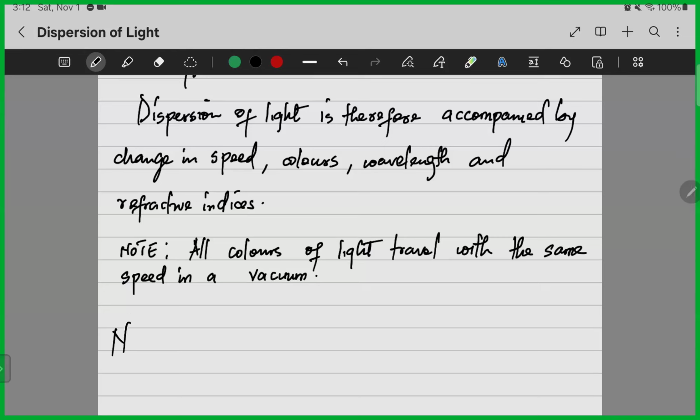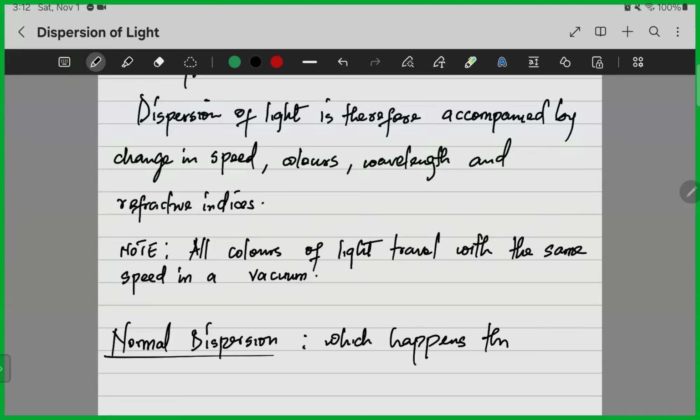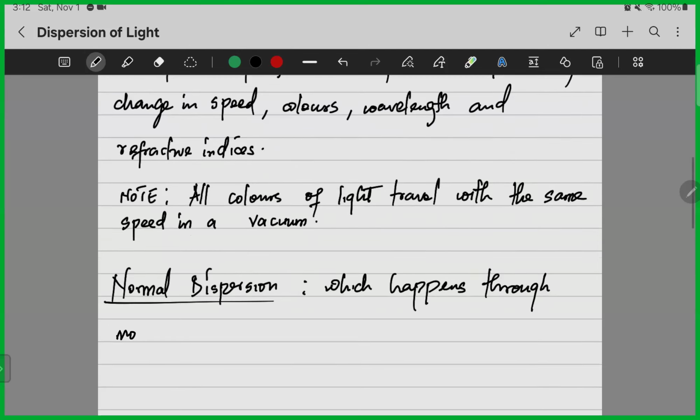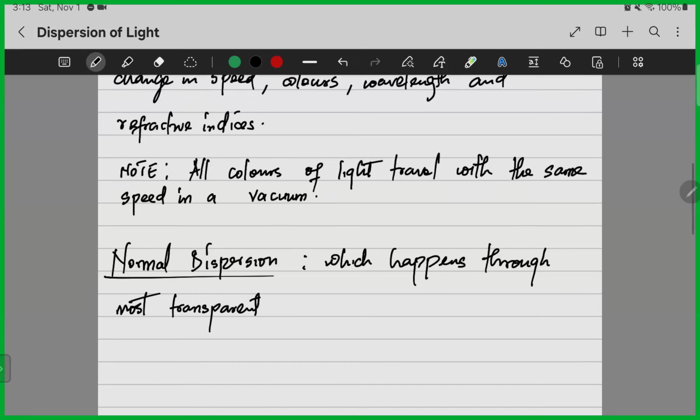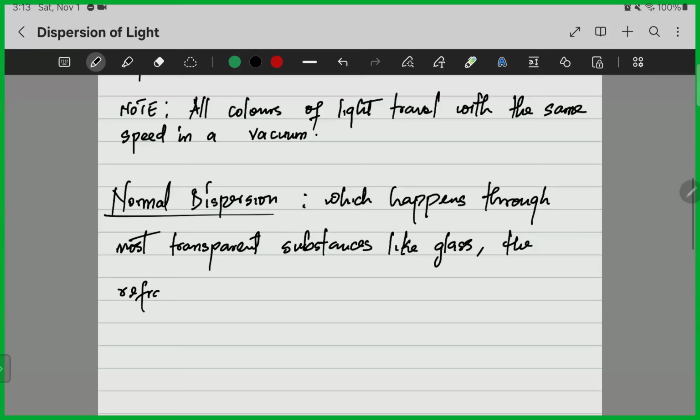So there is something called normal dispersion. For normal dispersion, which happens through most transparent substances like glass, the refractive index here increases as the wavelength decreases.